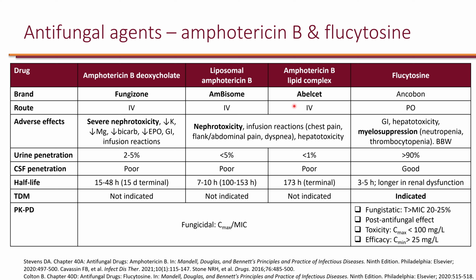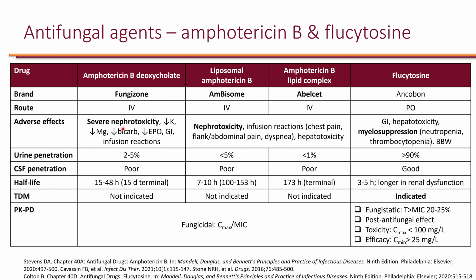All of them are IV, no oral formulation for amphotericin B. The conventional causes severe nephrotoxicity, including wasting of potassium, magnesium, and bicarb. And because this is in the kidneys, it can reduce epogen production that can lead to anemia. There are also a lot of infusion reactions.